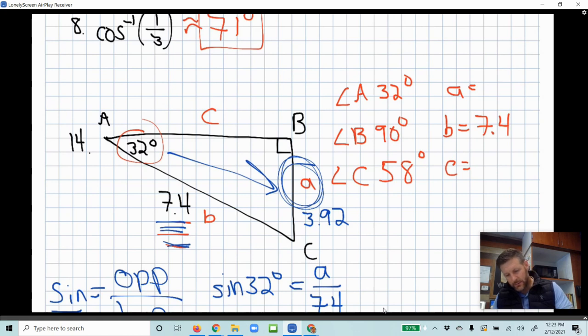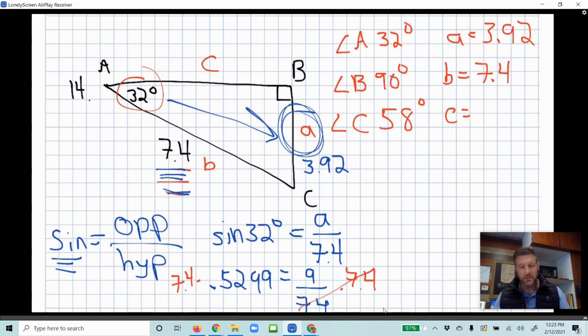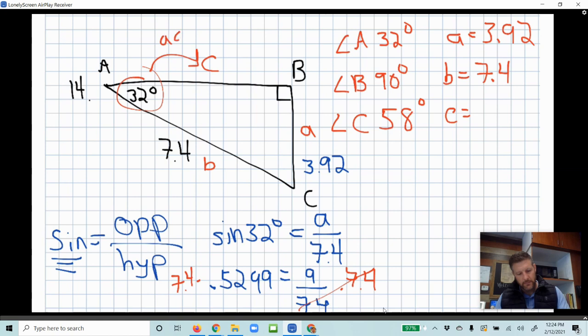A is 3.92. So how are we now going to find side C? Okay, we're going to repeat the process, but we're going to use the appropriate trig function. So now I don't want A anymore. I want C. So C, from my reference angle of 32, is adjacent.